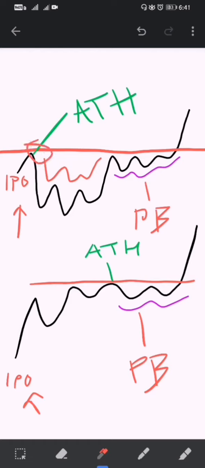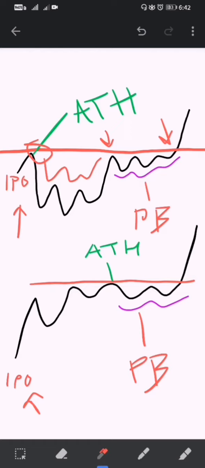As you can see, it went down and consolidated for some time, then it went up again at this point, which was almost near the all-time high. Here it started forming some consolidation again, and finally it broke out of that consolidation phase from here. So this is also an example of a primary IPO base.